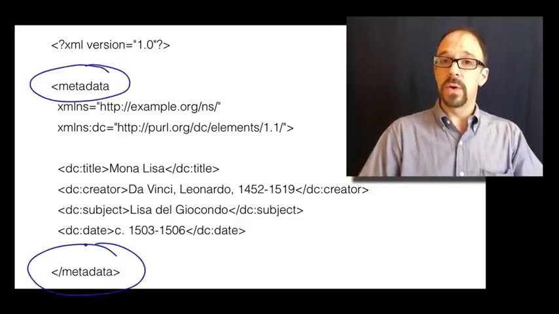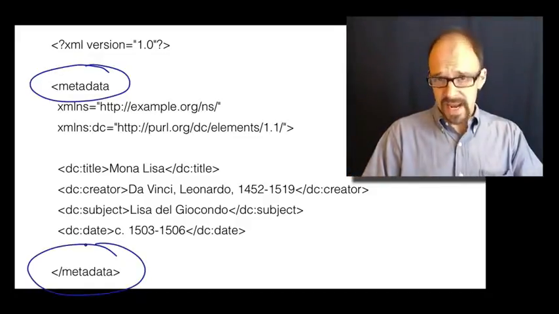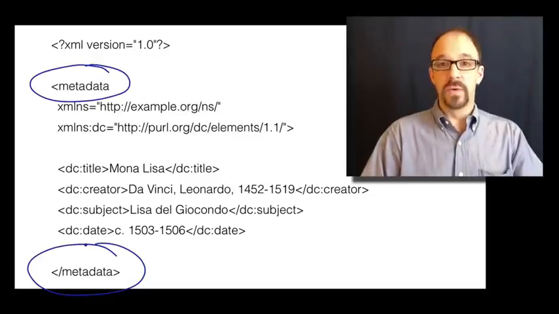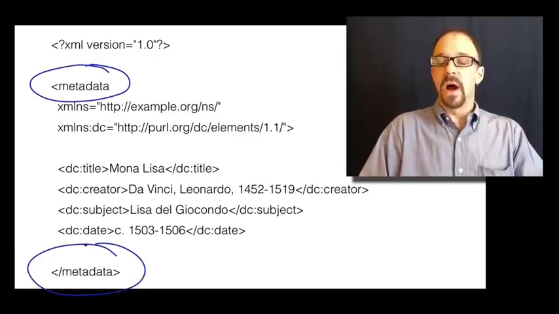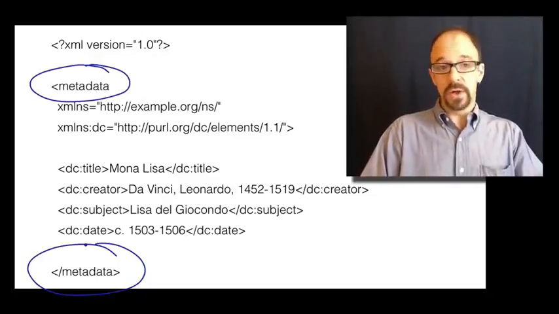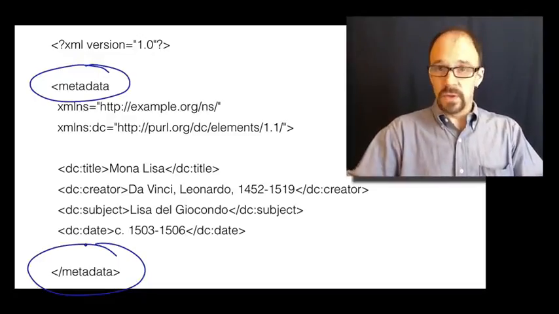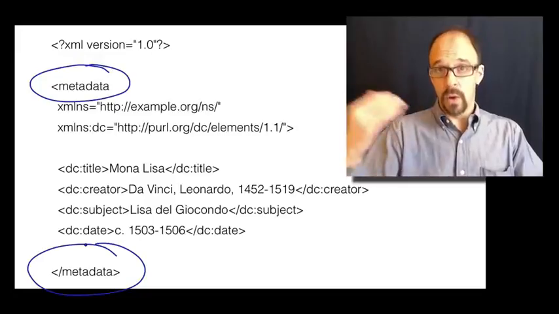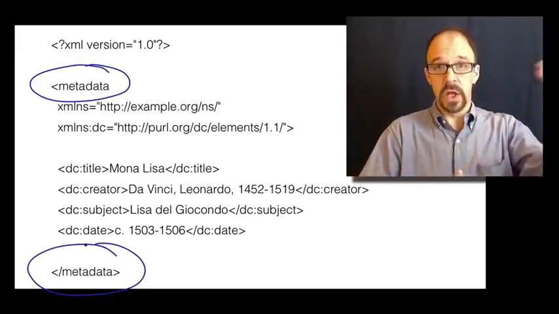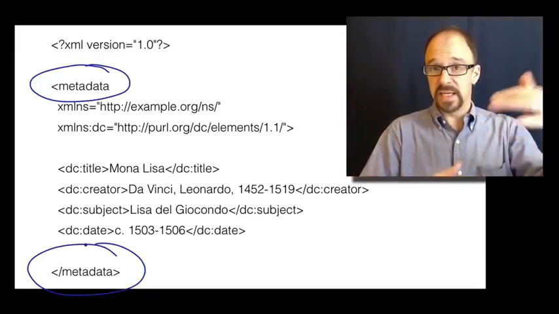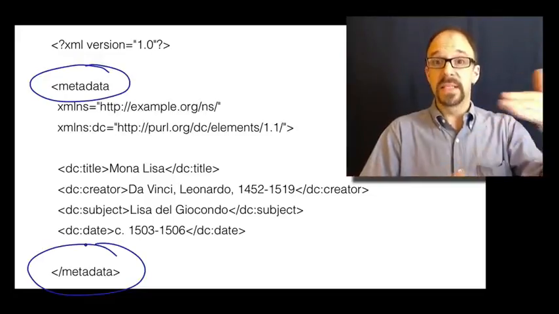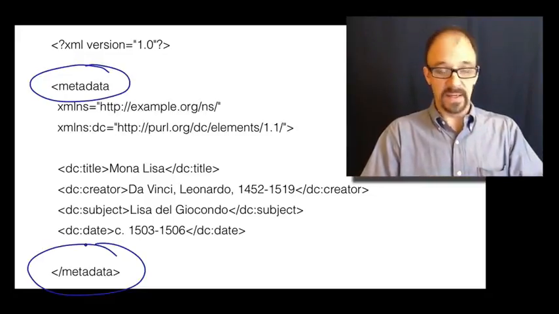Now, Dublin Core does not make any recommendations for what to call your container element. I've used metadata here. Other things you could use is Dublin Core or record. Right? Dublin Core does not care what your container is as long as everything inside that container makes sense and is correct syntactically.